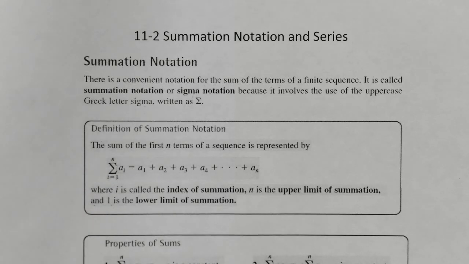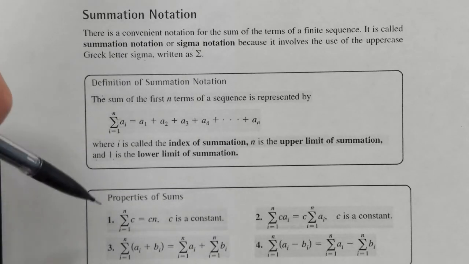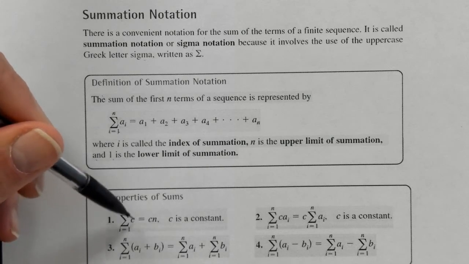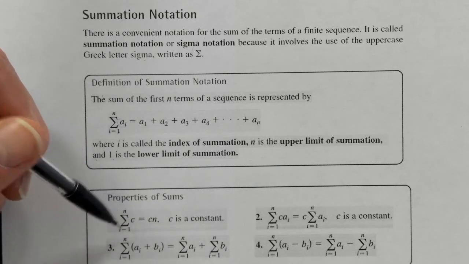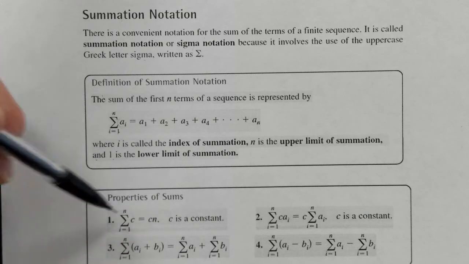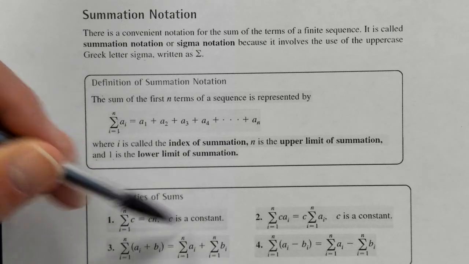All right, and here are some of the properties of sums. If you have your sum of a constant c, then your sum is just going to be c times n. Whatever the top number is that you're adding up, the constant times that number is going to be your sum.